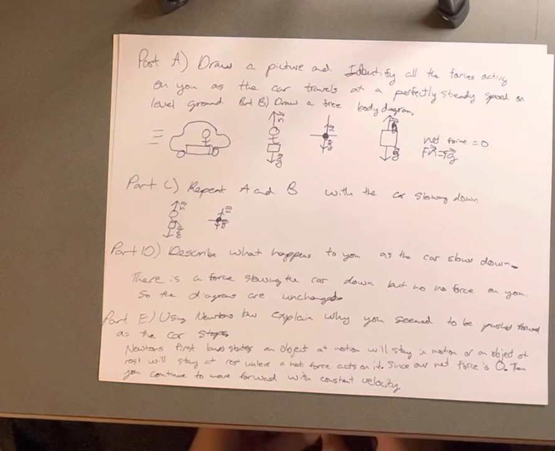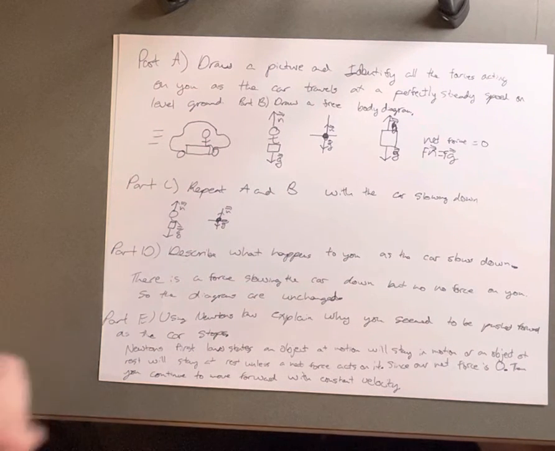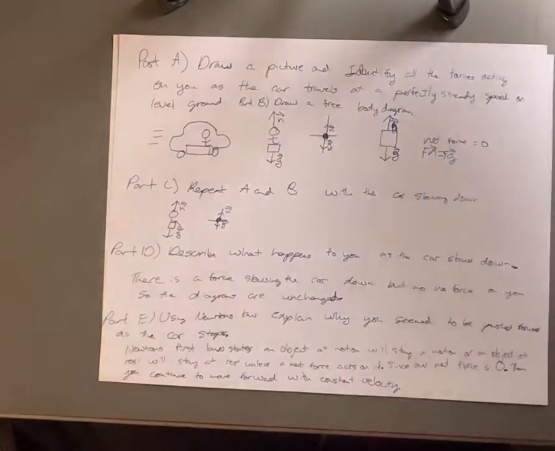Use Newton's laws to explain why you seem to be pushed forward as the car stops. So Newton's laws state that an object in motion will stay in motion, or an object at rest will stay at rest unless a net force acts on it. This is Newton's first law. And remember, our net force is equal to 0. So if there's no friction, if there's no force acting, pushing us forward or against us, we're just going to continue at a constant velocity forward.